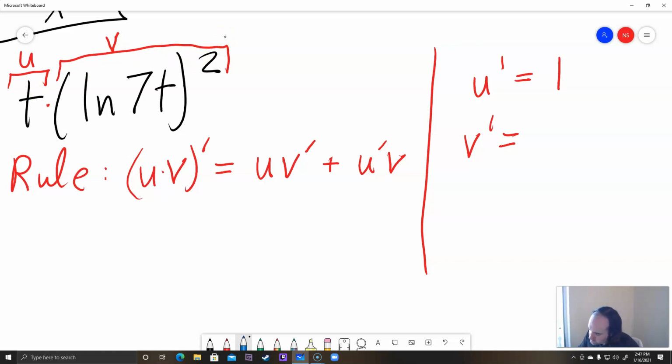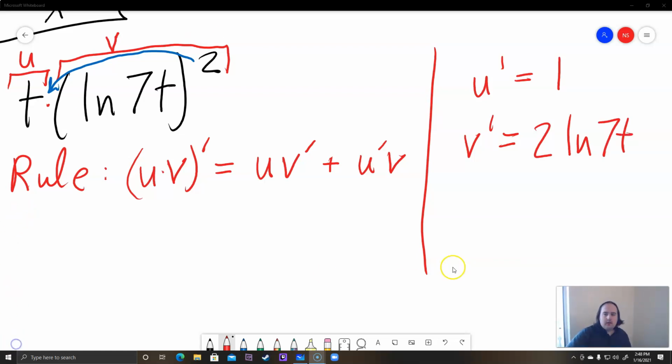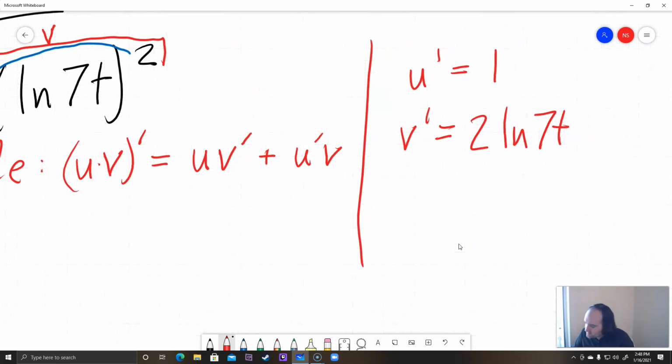Okay, in fact, let me do this one in a different color. So I'm going to bring the 2 out front using the power rule, and I decrease it by 1. Okay? So we're going to have 2 times ln of 7t raised to the first power, right?